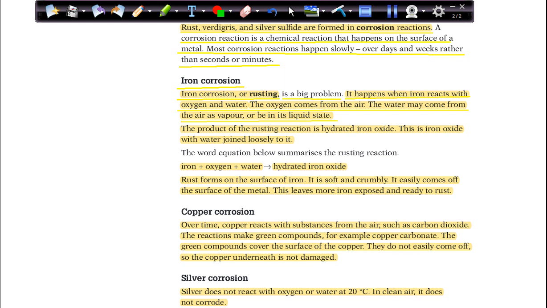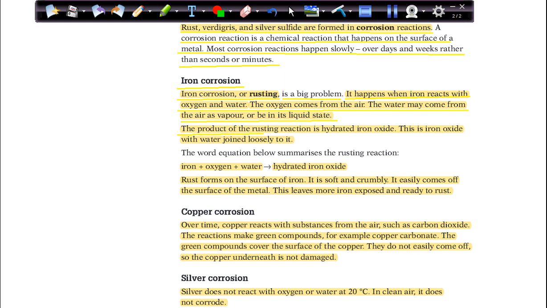The iron will react with the oxygen in the air and the water that comes from the rain, and will form a red layer on the surface that's called rust or corrosion.